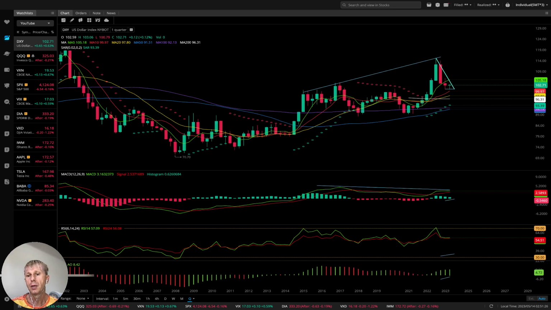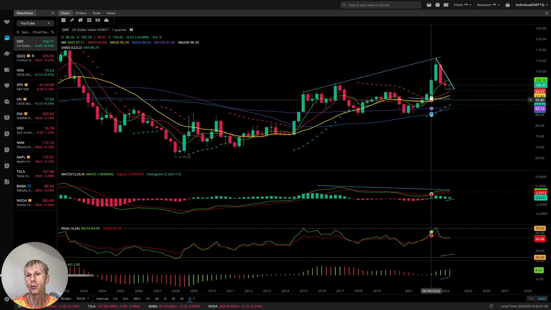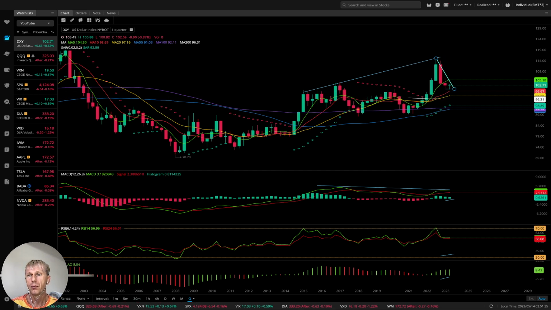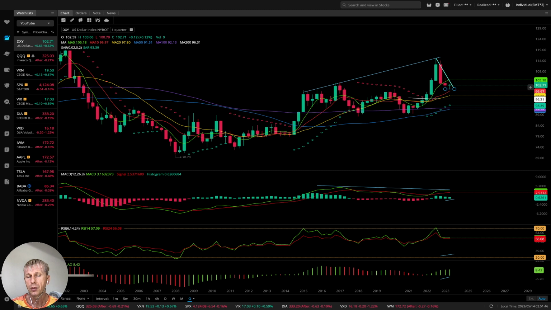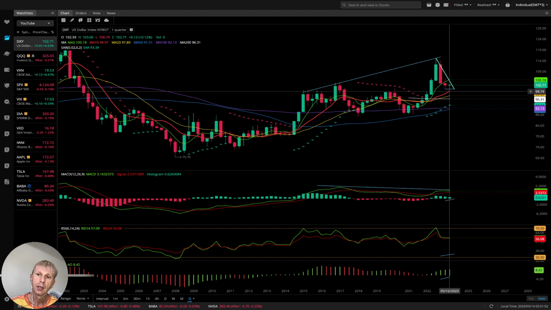Quarterly time frame, USA dollar is still bullish, MA5 still above 10 and 20. You see these huge 2 bars were very disconnected from 20, very far from 20. They're still far, but they're getting back to 20. At least this quarter, it did touch MA10.